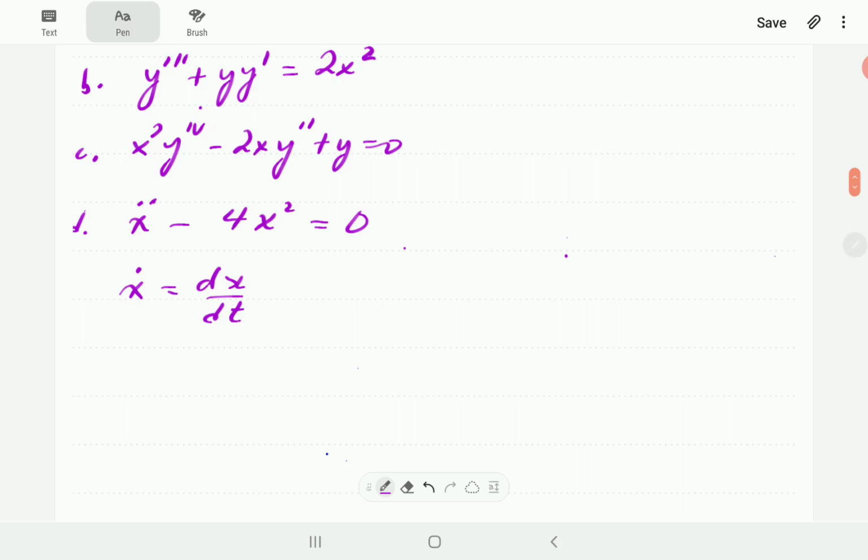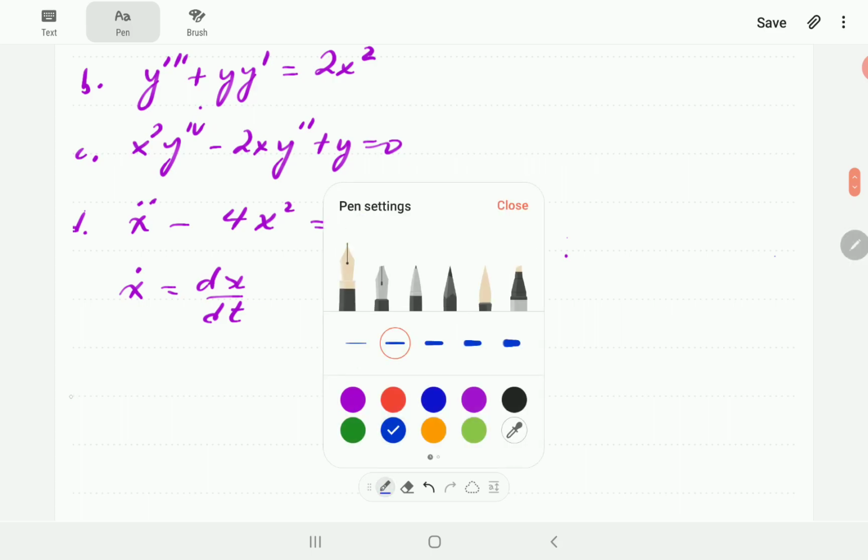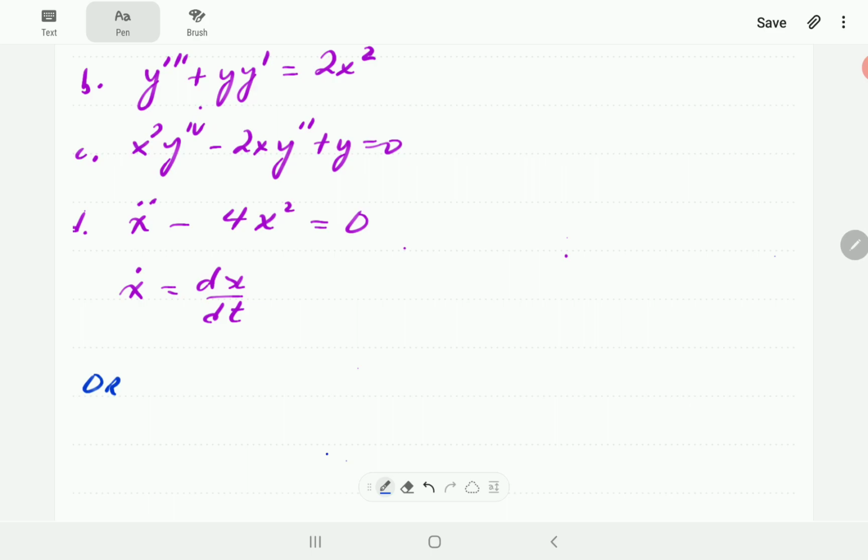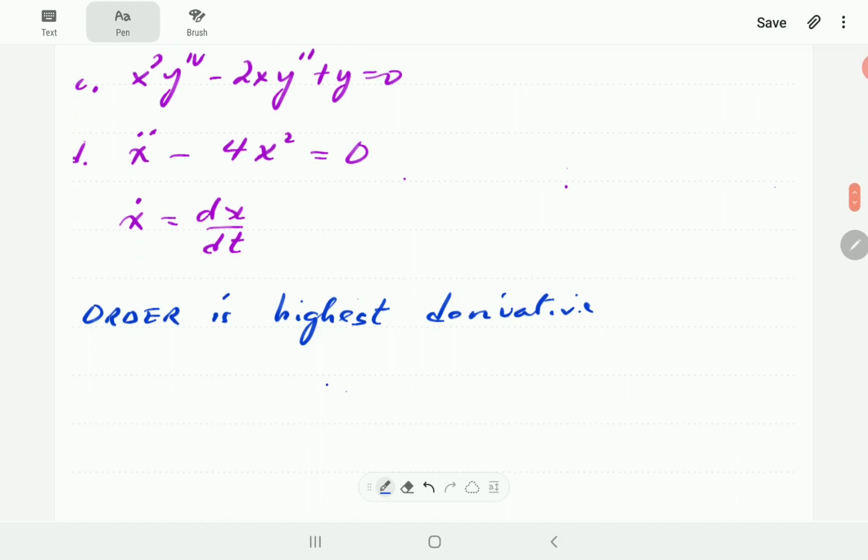Now, the order of an ODE is the highest derivative that appears in the ODE. So that is the order.